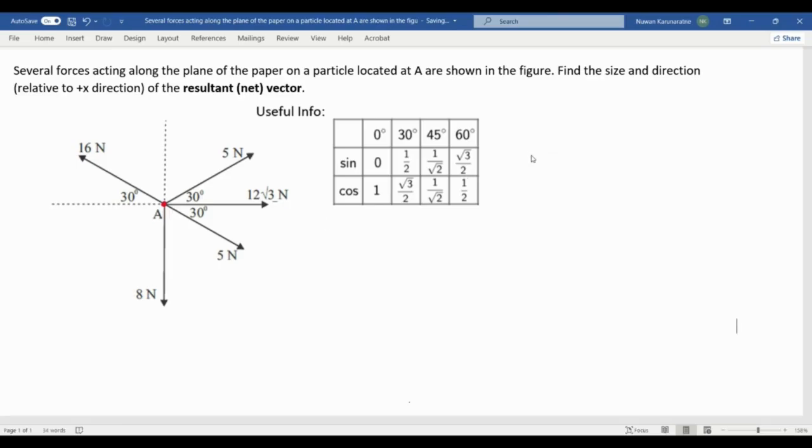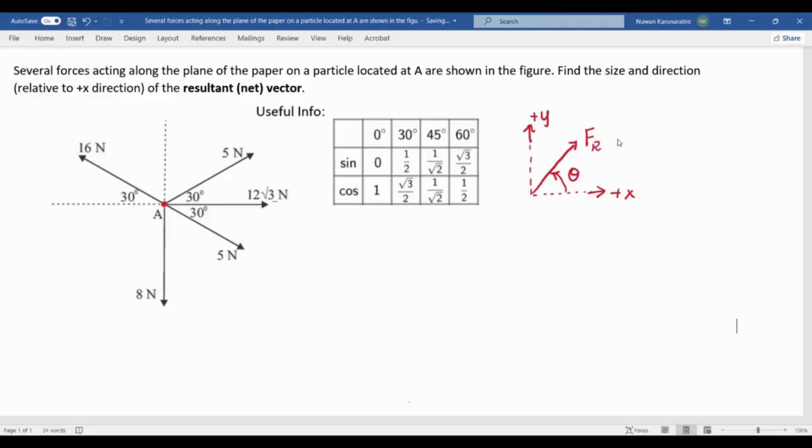So let's say that we have an xy coordinate system. So I'm drawing the xy coordinate system here. This is my positive x direction, and this is my positive y direction. I'm going to assume that the resultant vector has a size given by f sub r, and it's going to make an angle theta with the positive x direction.